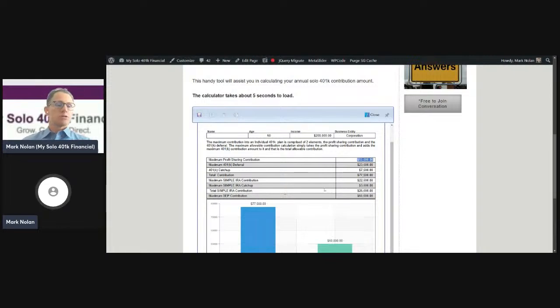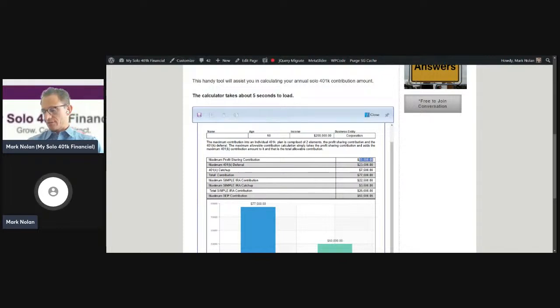Therefore, you can contribute a total of $77,500 for tax year 2025 in employer Roth, employee Roth, and Roth solo 401k catch-up contributions. Let's look at that math again.